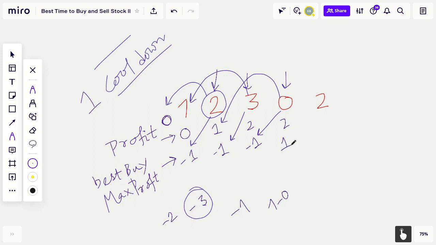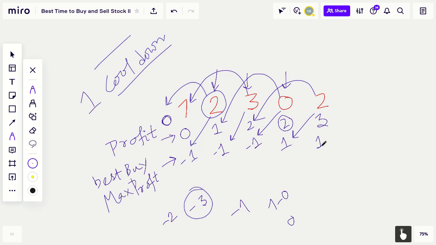Now when you add 2 with 1, you get 3, which is more than 2. So you get 3 over here, and obviously if you look beyond, it is giving you 0. So obviously you have a better value for buy by max profit.